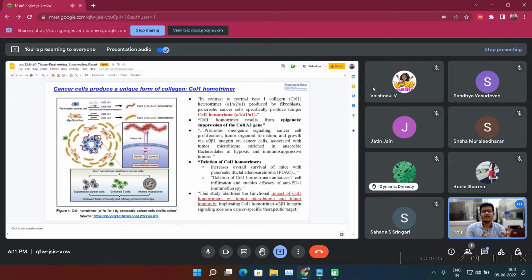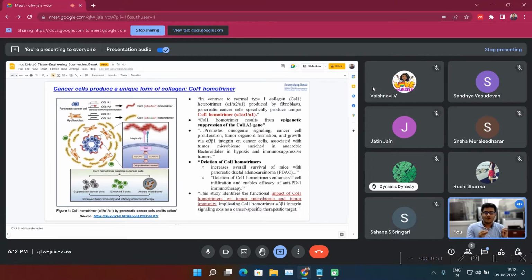We cannot use regular broad spectrum antibiotics to suppress their growth. But if the collagen 1 homotrimer's activity is reduced, then the microbiome also changes, and we can control that microbiome with the help of broad spectrum antibiotics also.